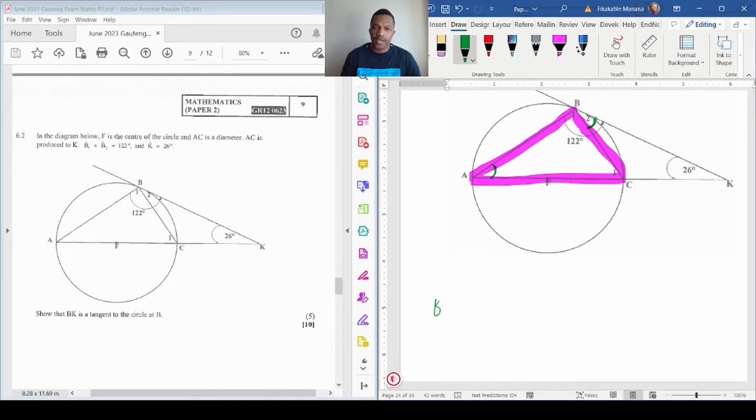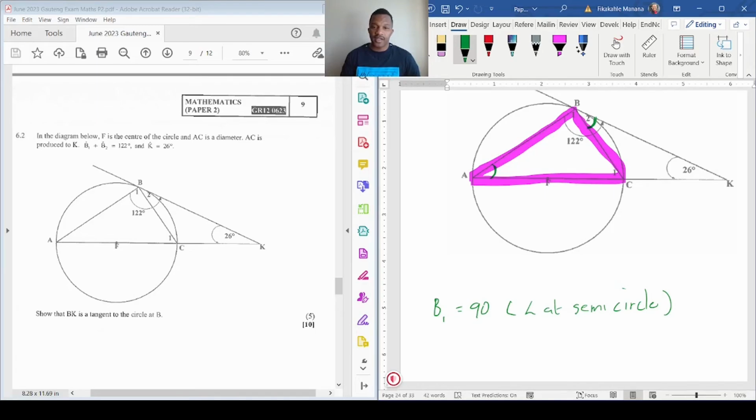So we can go ahead and say B1 is equal to 90 degrees, and the reason, an angle at semicircle, or angle subtended by diameter, any of those work.